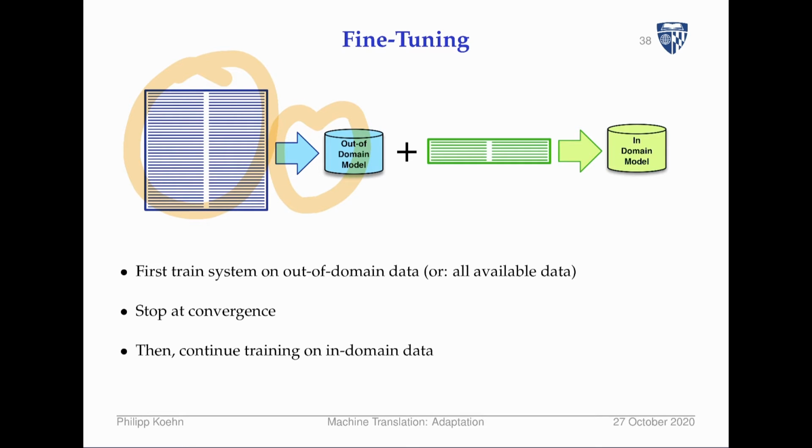Then you have a second training stage where you take that model and train on only the in-domain data for a while and then have an in-domain model. So you first train on the out-of-domain data or all available data and stop at convergence as you usually would do. And then you continue to train on just the in-domain data.